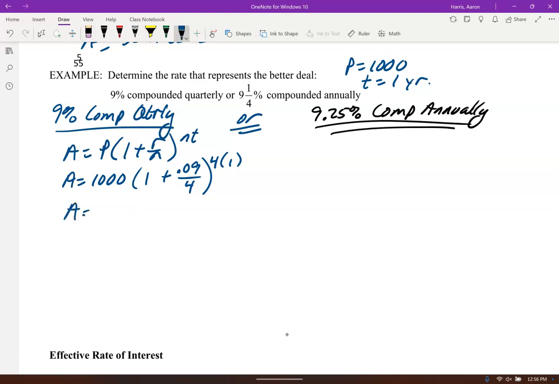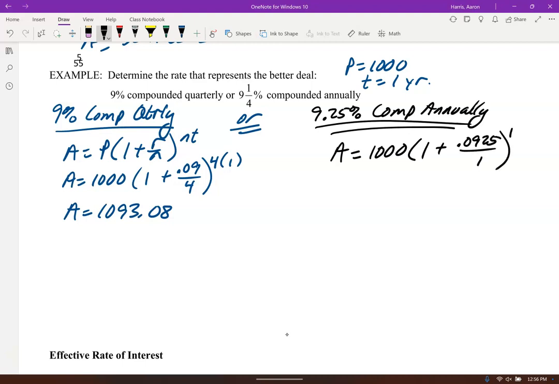That's how much money we'd have at the end of 1 year. All right, let's do the other scenario over here. This time we're still putting in 1,000, but this time it's a little higher interest rate, 0.0925, but it's only compounded once a year. So n is 1, time is 1.